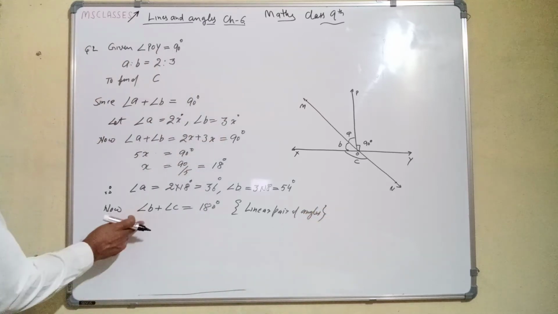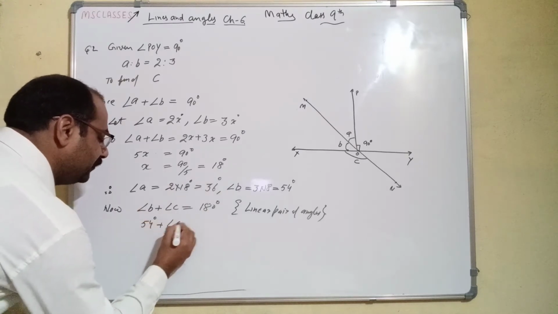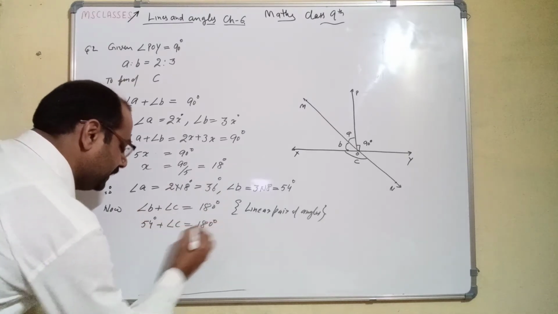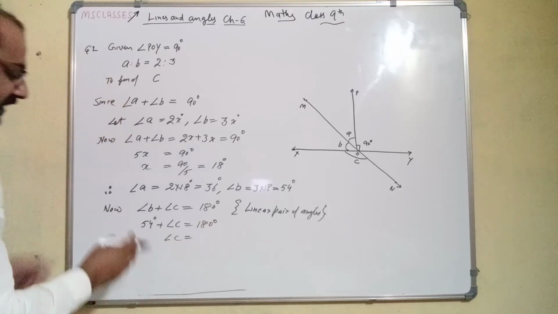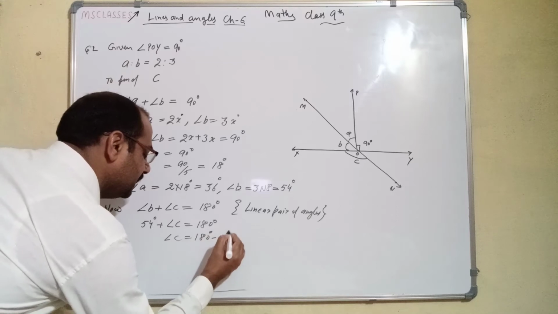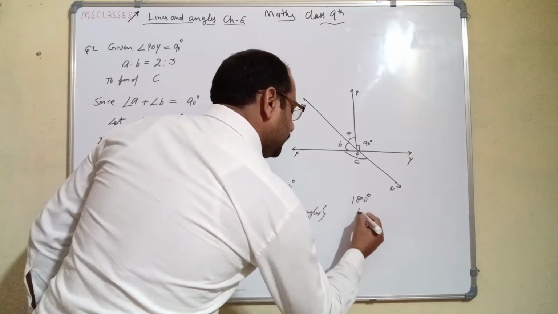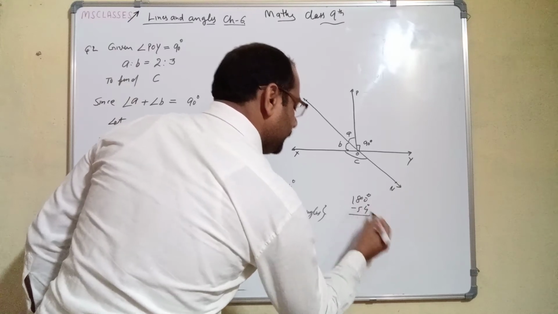Right? Because angle B is equal to 54, we have to calculate angle C. So take 54 from left to right. This is equal to 180 minus 54 degree. So guys, 180 degree minus 54 degree.